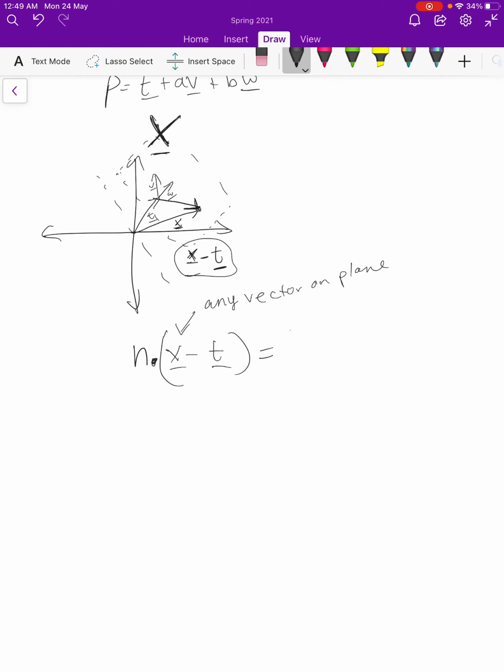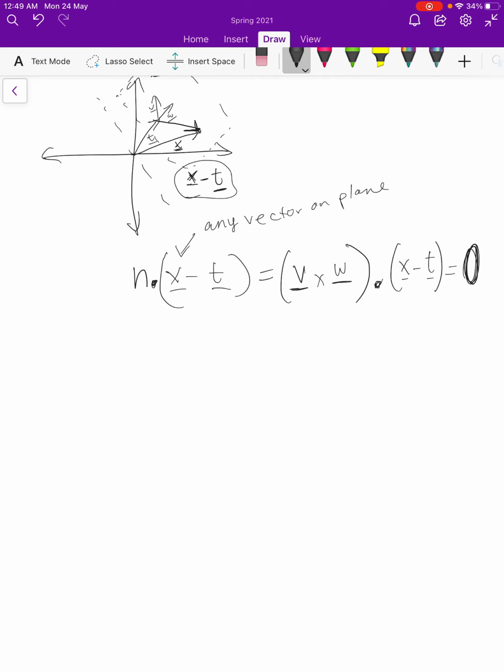Firstly, remember that n is a cross product, which is v cross w, and this is the dot product with x minus t, and this is equal to 0. It's orthogonal. Remember, it's 0 if it's orthogonal.